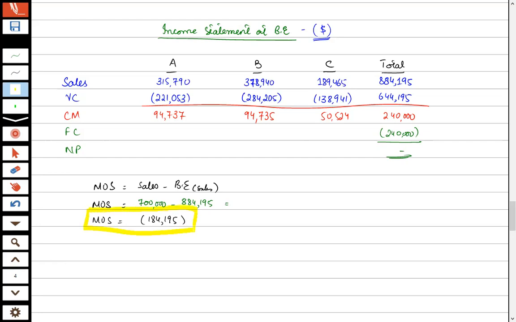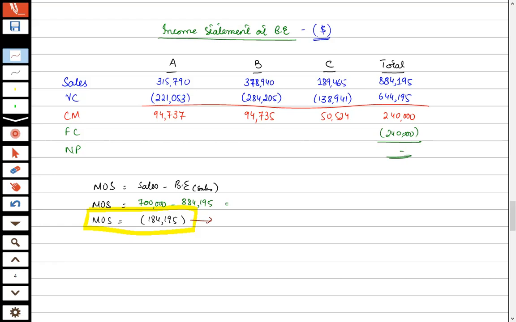Now see this amount of MOS, and would you like to comment on it? Well, it seems that the sales of 700,000 is occurring at a loss when 884,195 is the break even.